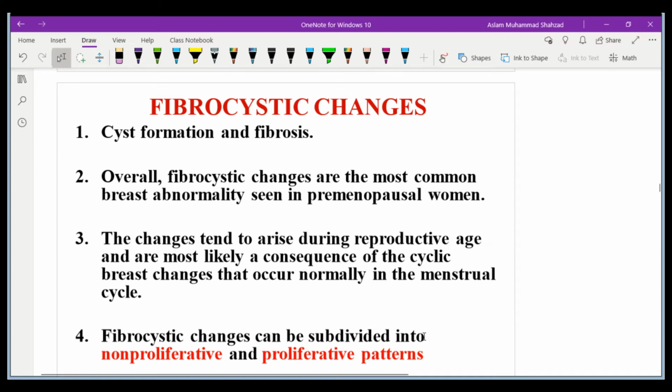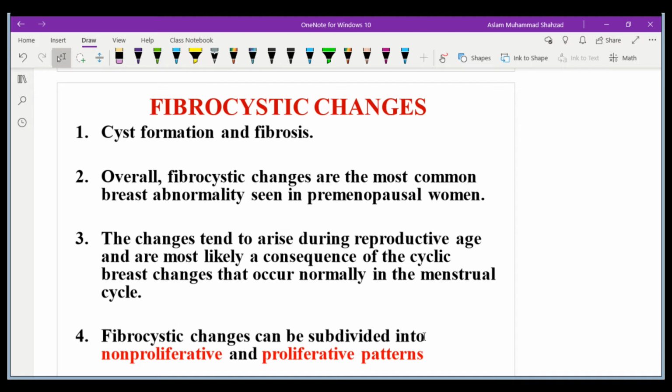So I mentioned in the slide that they are responsible for the formation of cysts and fibrosis, and they usually occur as a breast abnormality in a pre-menopausal woman. It means it could occur during the reproductive age of the woman, and there will be changes in the structure because of hormonal changes during the menstruation cycle.